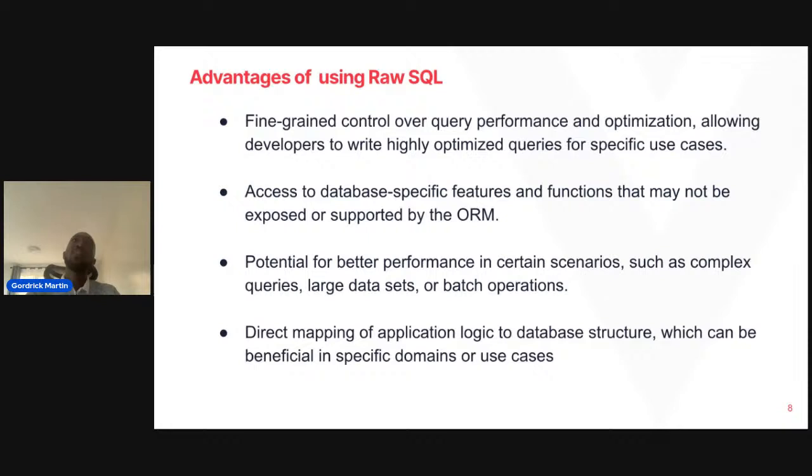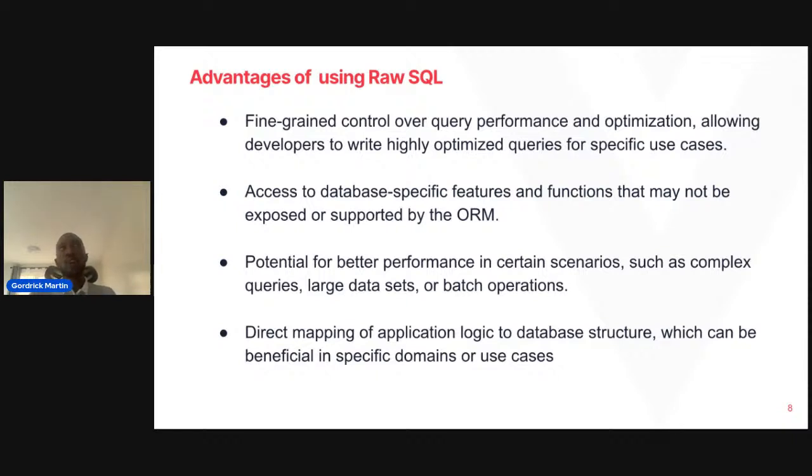So when you have raw SQL, you're able to control that optimization to the level that you're looking for in your database queries, as opposed to when this is abstracted and you only get to access it through the ORM.